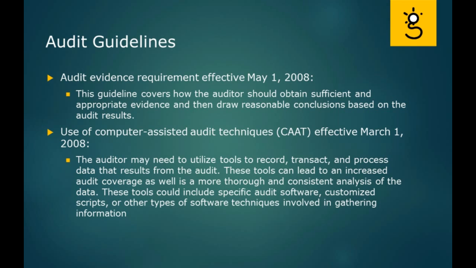So these tools can lead to increased audit coverage, as well as being more thorough and more consistent in analyzing the data. The tools could be some sort of specific audit software that you're using. It might be something you've created, a customized script to go out and gather information, or any other type of software technique that's involved in just gathering information, things that are a lot easier to do through automation than by manually trying to review all of the information.